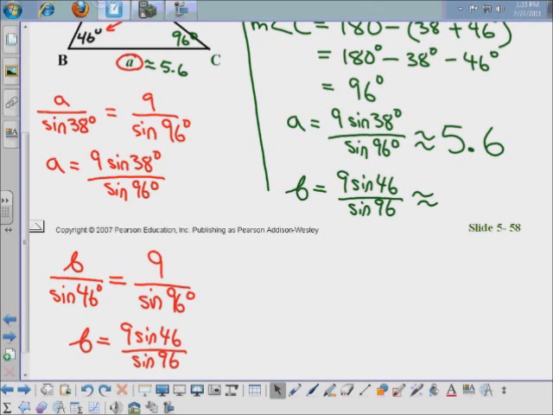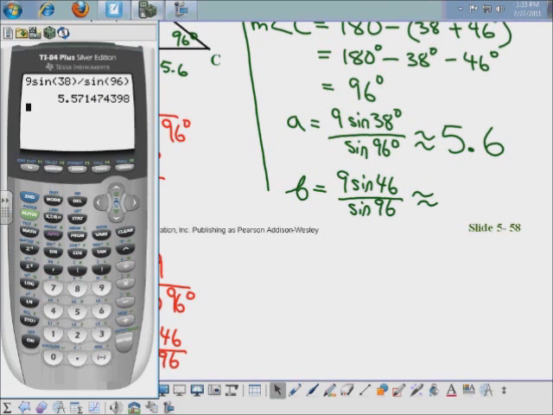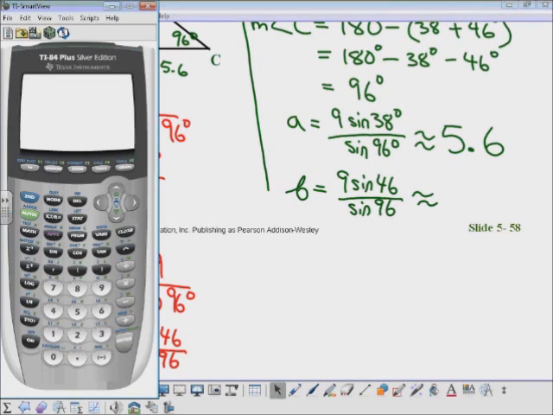Okay, so I need to pull up my calculator again. I'm going to clear out the previous one. And B equals now, oh wait, let's show you this trick while I'm here. I probably showed you this in class already, but if you want to call up the previous expression, which was this A one, you can hit second, enter.